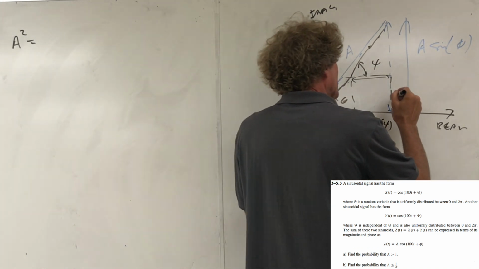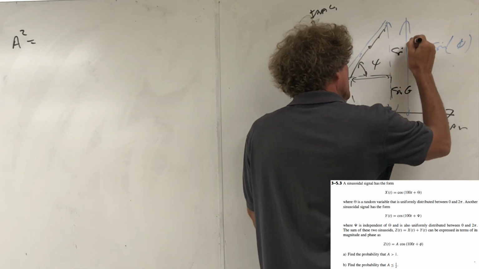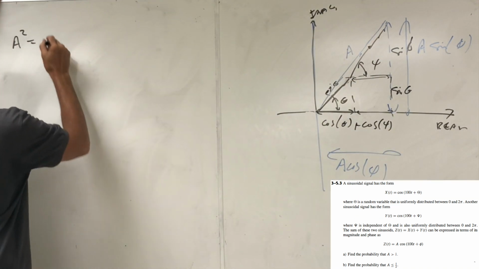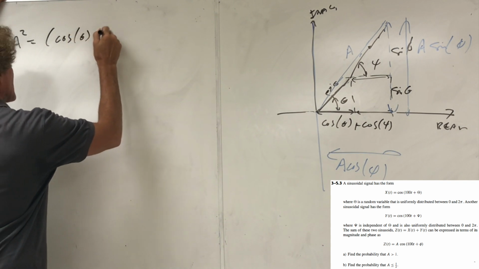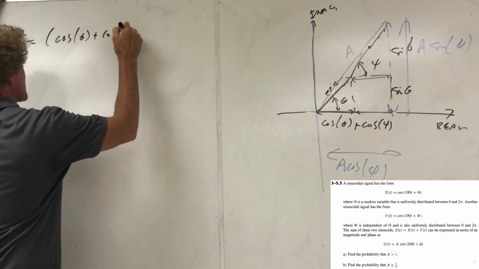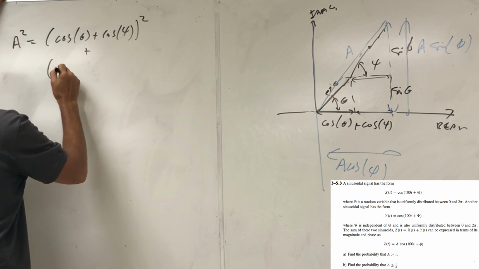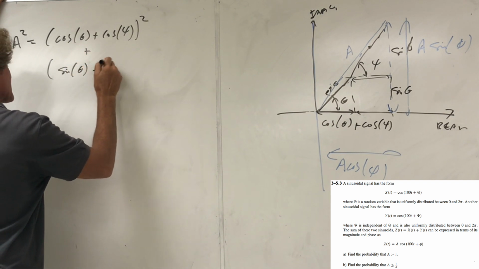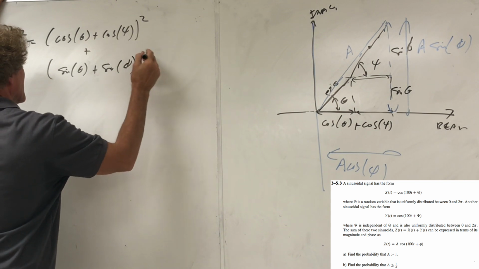This distance here would be sine of theta plus sine of psi. So we're going to say a squared is equal to cosine of theta plus cosine of psi, quantity squared, plus sine of theta plus sine of psi squared.